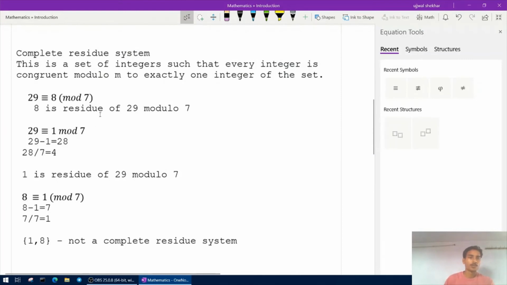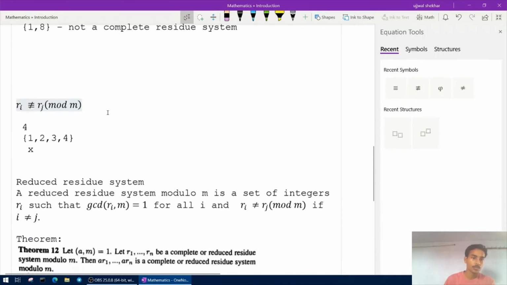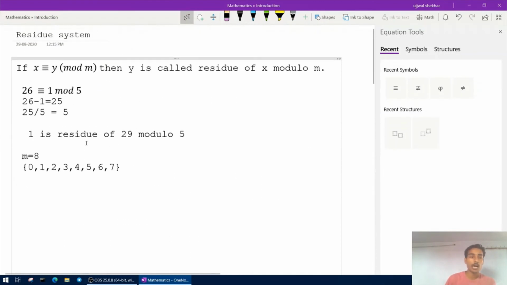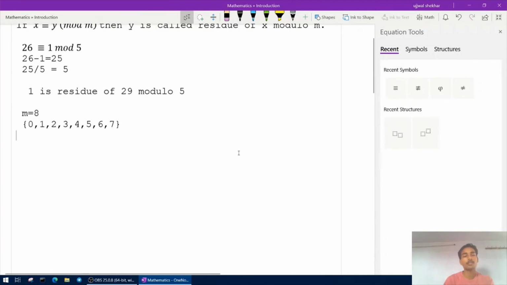So I think you got it, what a complete residue system is. For 4, you can write 1, 2, 3, 4 as a residue system. Again, it's not important that we have to write it like this only. Let's say this is a residue system.